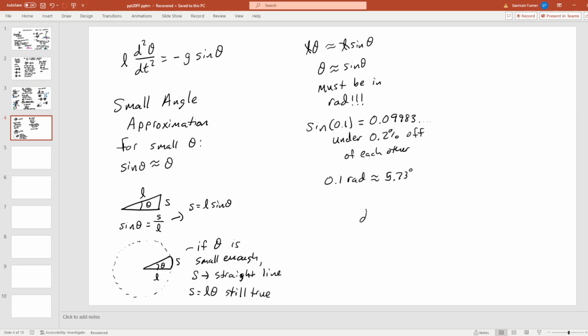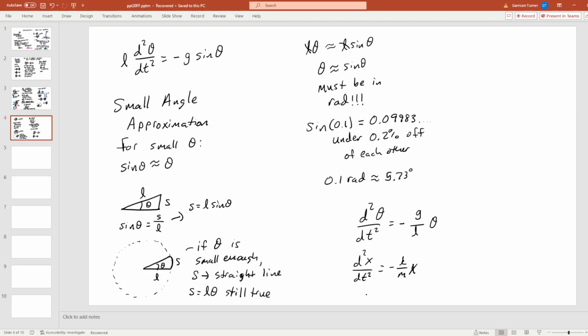Okay, so we take this small angle approximation, set sine theta equal to theta, and divide both sides by L, and we get the second derivative of theta with respect to time is equal to negative g over L theta. And now this looks like Hooke's law. Right?